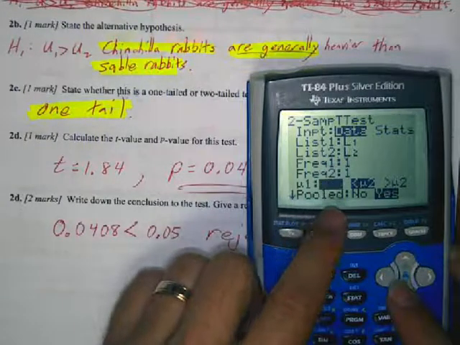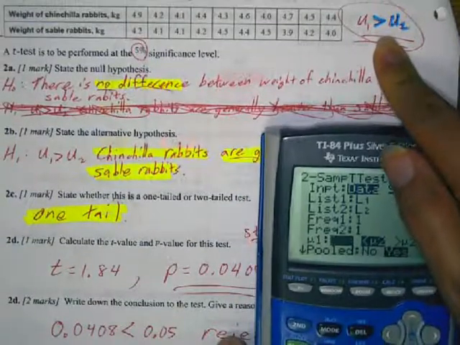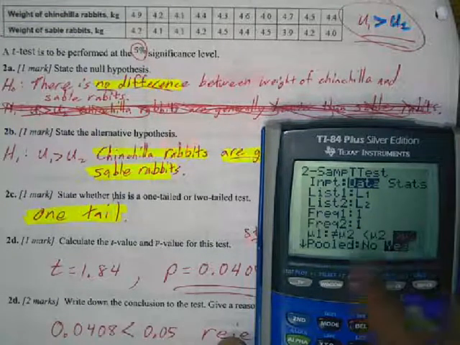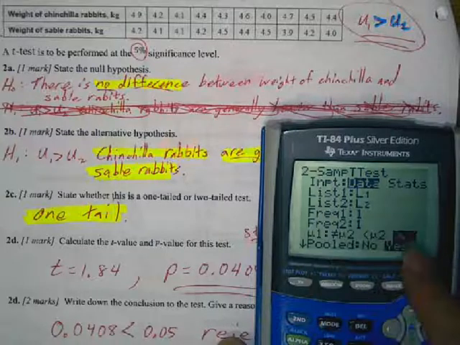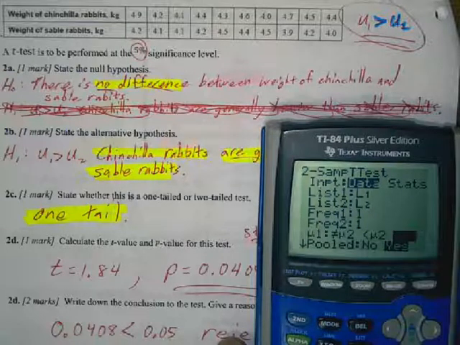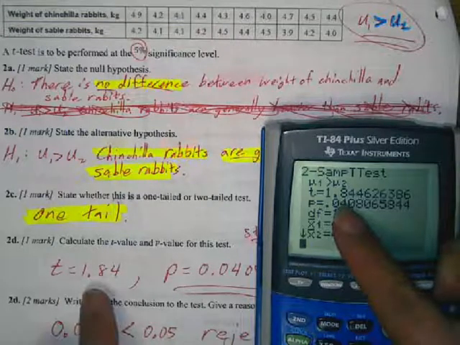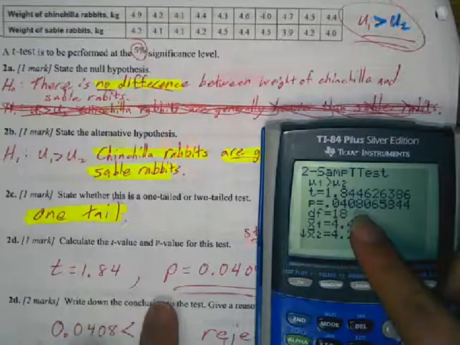And since I want to know if row 1 is bigger than row 2, I need to go over here and change this and hit enter here. So I want to use, now if U1 is bigger than U2, I hit enter, calculate, and then I get my t value, which was 1.84, and my p value, which is 0.408.